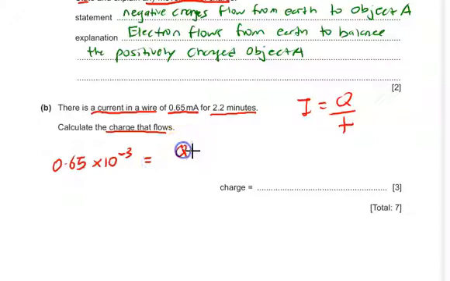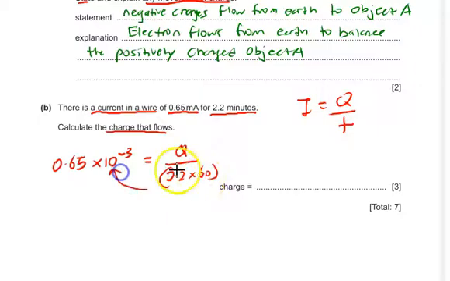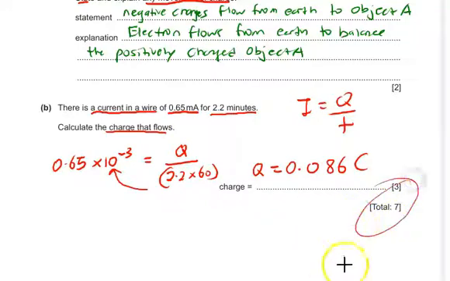This is the charge. And make sure your time here is in seconds, so 2.2 times 60. We just multiply it over here and you'll get your charge as 0.086 coulomb. The total marks for this question is about 7 marks. So we move on with the next one.